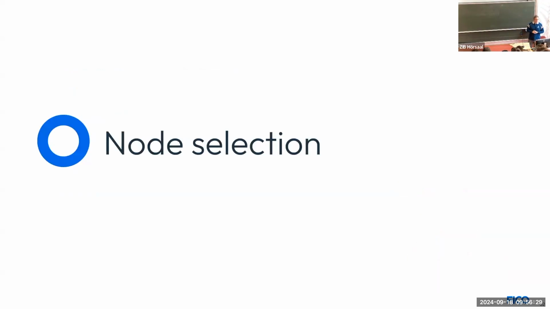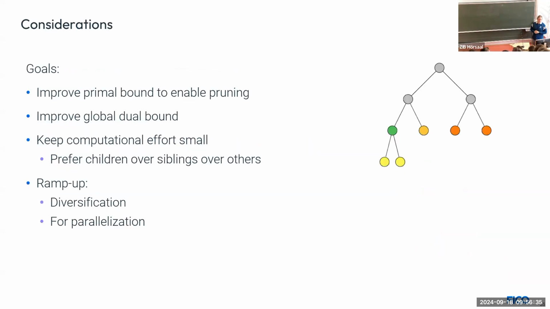Okay, finally, last 5 minutes. Node selection gets a little space here. So what are the considerations in node selection? Well, the typical goals are you try to improve the primal bound. You try to select the node in such a way that you would find a feasible solution, because that will help you with the bounding part of the branch and bound process.